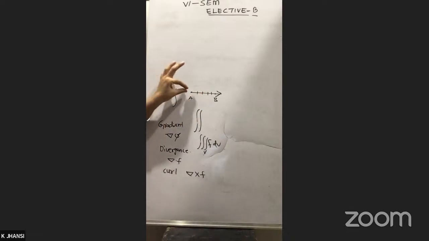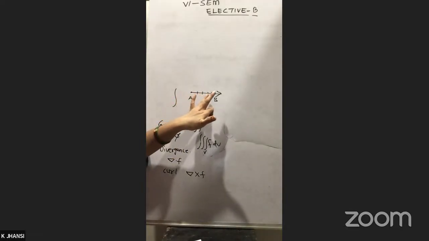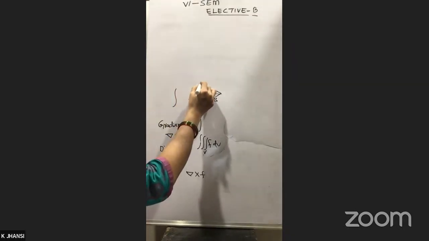So in the diagram with point A and point B, we represent the vector like this.